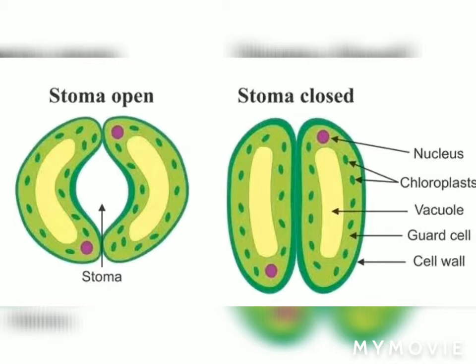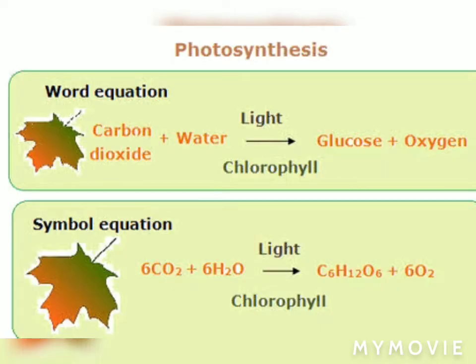Since the synthesis of food occurs in the presence of sunlight, it is called photosynthesis. Here, photo means light, and synthesis means to combine. So photosynthesis is the process by which green plants make food using water and carbon dioxide to form glucose and oxygen in the presence of sunlight.